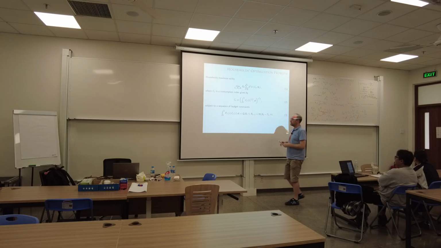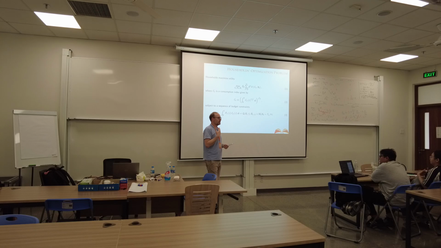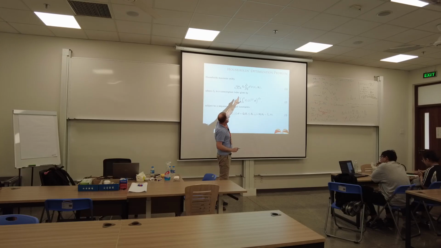I'm going to write it out the long, hard way, and this will help you see why we write it this way and what we're going to do with this E_0.